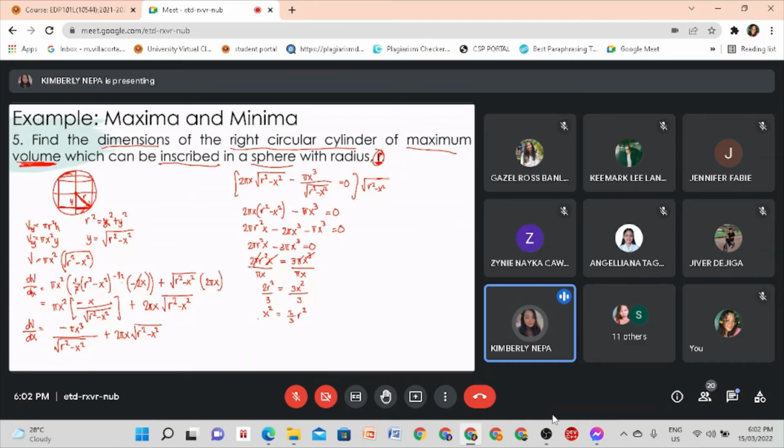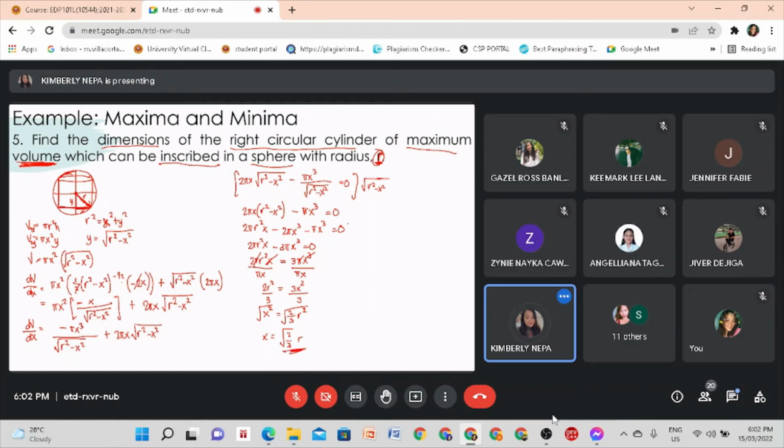Now, we need x, so take the square root, so x is equal to the square root of 2/3, but the square root of r squared is just r. So we can just put that as is. Correct? Okay, so this is now our x.